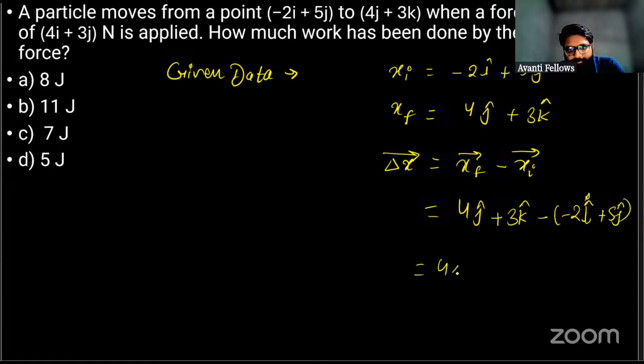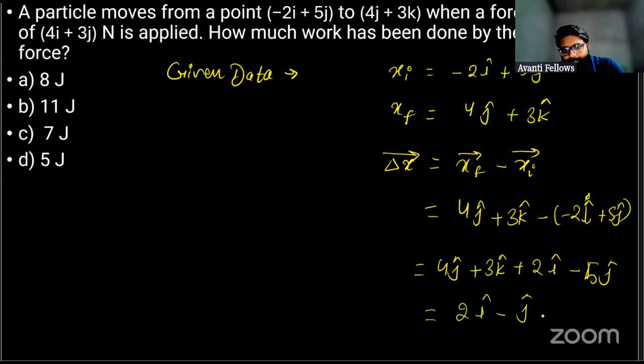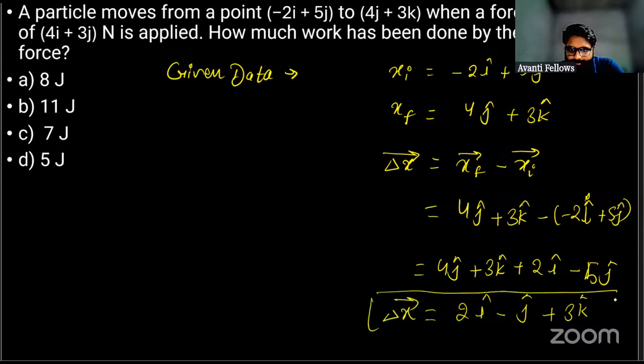So it will become 4j cap plus 3k cap plus 2 I cap minus 5j cap. Clear? So look, 4j cap minus 5j cap will become what? So it is 2 I cap minus j cap plus 3k cap. This is the final displacement of the object or the particle.